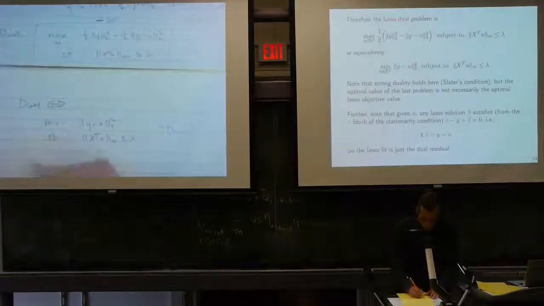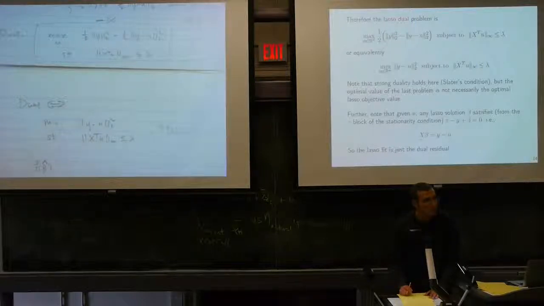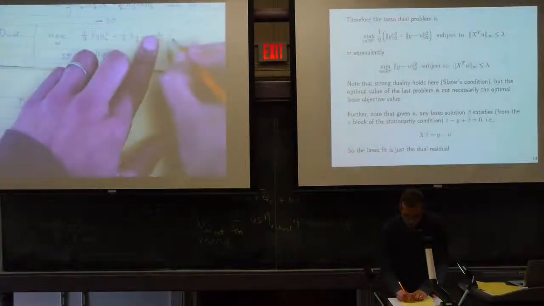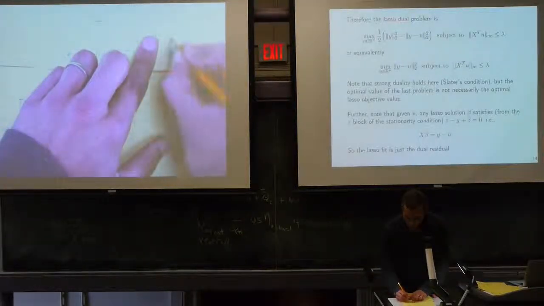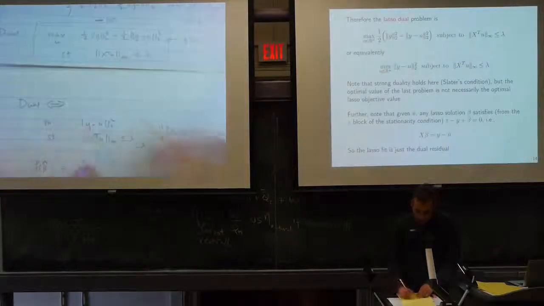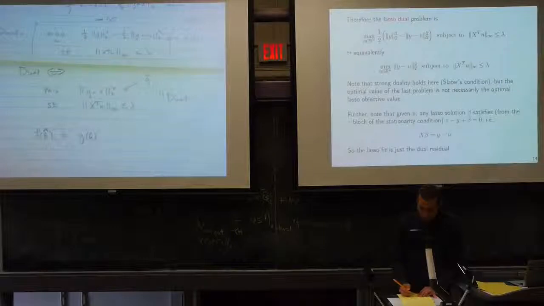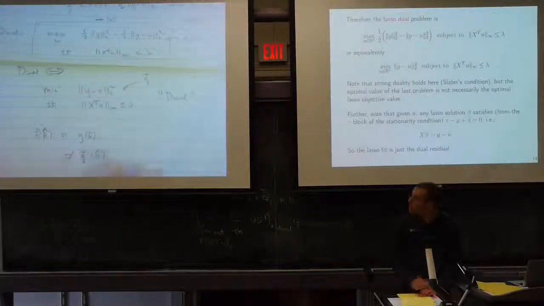We know that at optimality, writing the solutions with hats, f of beta hat is equal to g of u hat, where this is g of u. Let's call the criterion function here g tilde. That's not the same as g tilde of u hat.